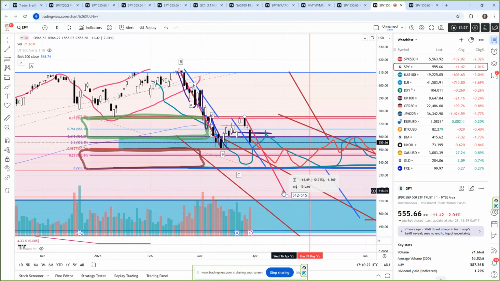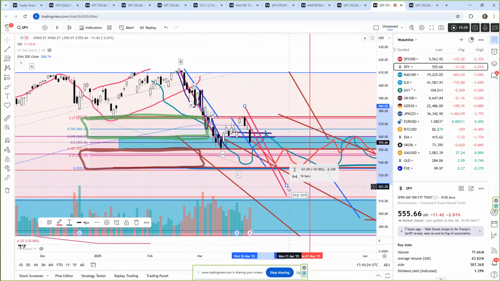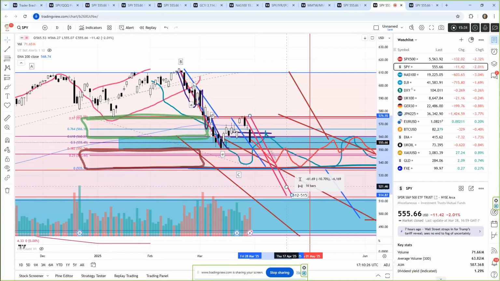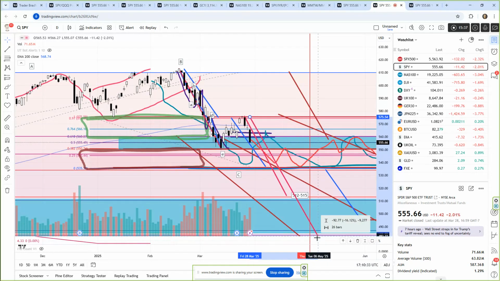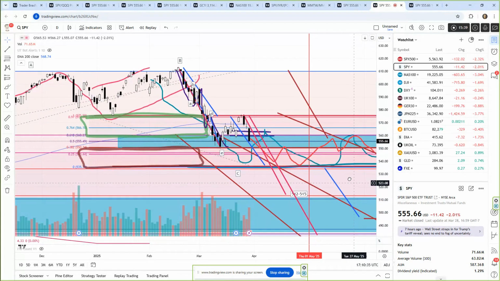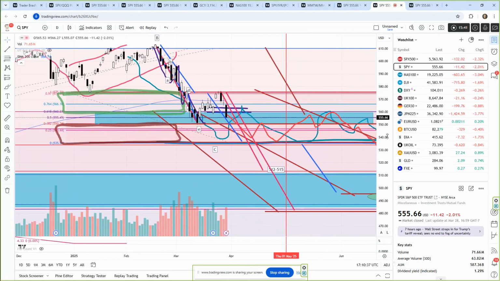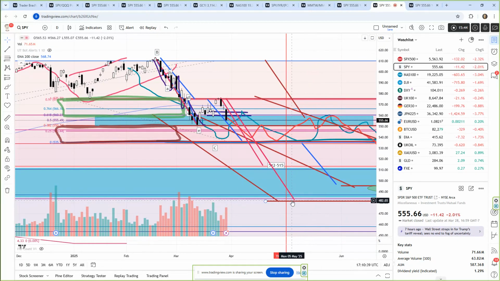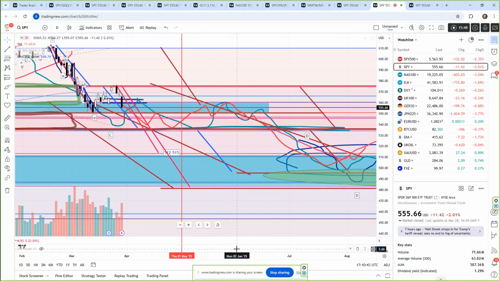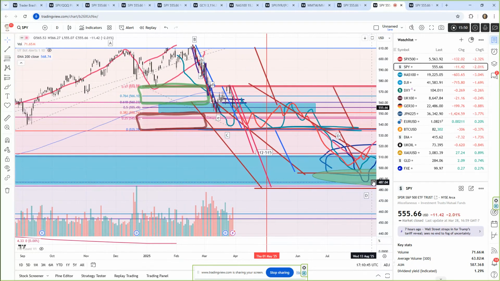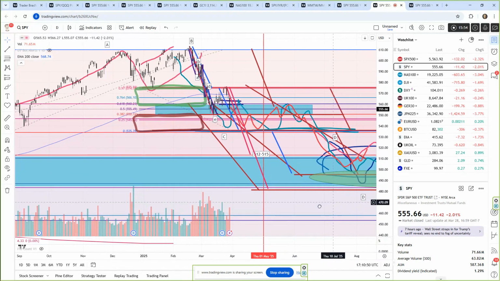And what I would do is I would copy this level and drag it down to about there and try to make it about 1.5 times the size. And ultimately, that's where this line is. Ultimately, I see the ultimate low for the markets down in this 490, 500, 485 area.